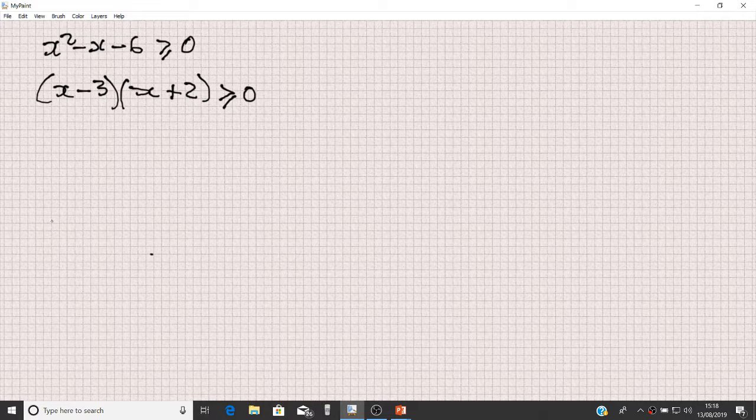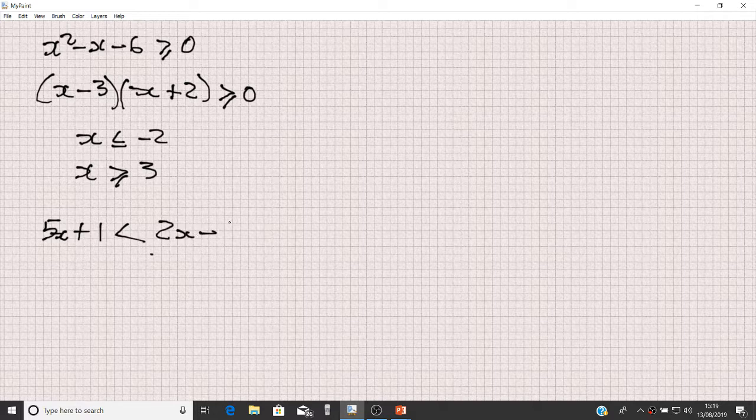So the range of values that will satisfy that will be x less than or equal to -2, or x greater than or equal to +3. So that's the first part complete. Now let's look at the linear part. 5x plus 1 is less than 2x minus 8.